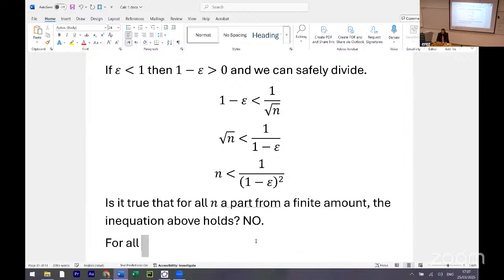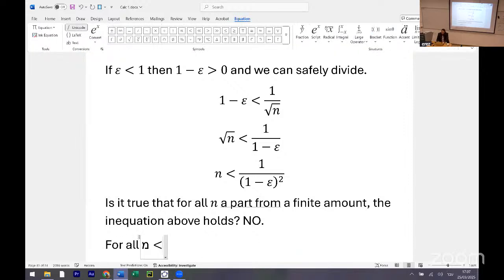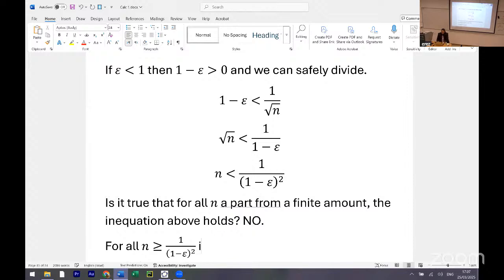For all n larger than (1/(1 minus epsilon)) squared, it does not hold. So it's the opposite. From a certain point forward, all of the elements are not within the area.